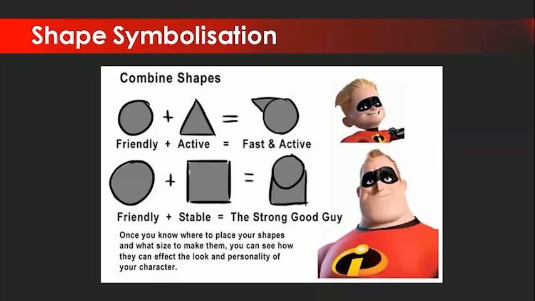So it looks cute. The same with friendly plus stable, the features they used to design a hero character. You can see a circle in the skull portion and a square jaw. It looks good and strong also.